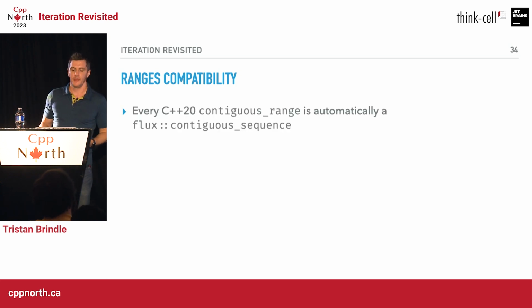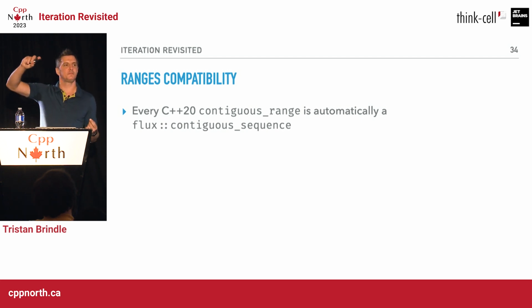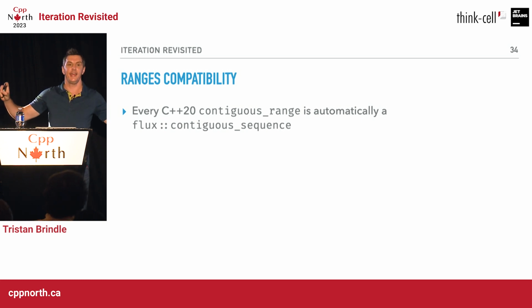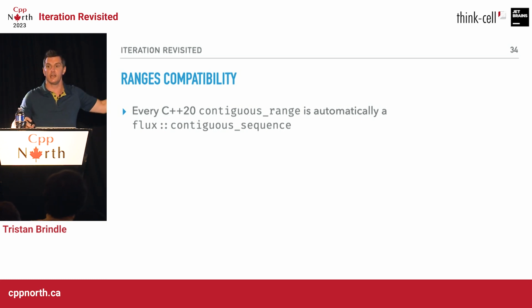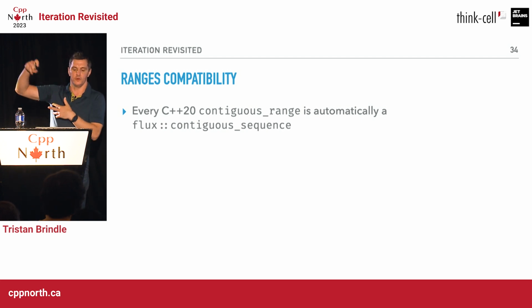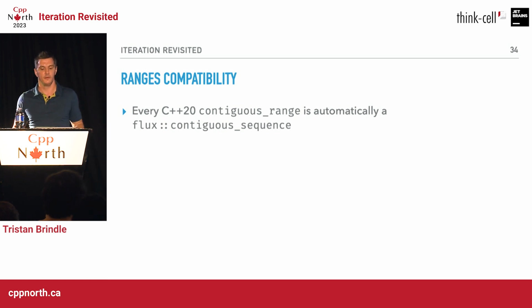So first of all, if you have a C++20 contiguous range, you can just use it with Flux. You don't have to do anything whatsoever. We just saw an example of that on the previous slide, right? So every contiguous range is automatically a Flux contiguous sequence. We have a blanket implementation for sized contiguous ranges, so you can just use them in Flux without having to do anything whatsoever.